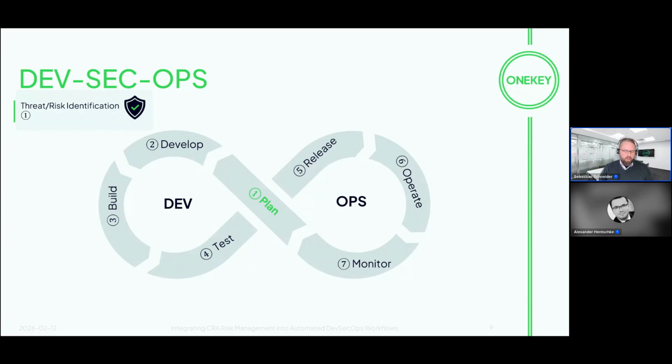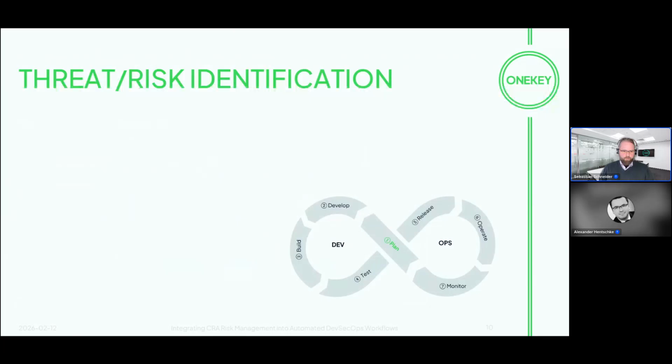This planning phase repeats, and you should factor in threat and risk identification based on the new features. But of course, every time you should also look if the threat landscape evolved. So are there new attack types that could also affect your product, and how to react on this?